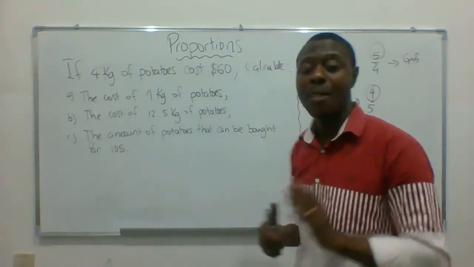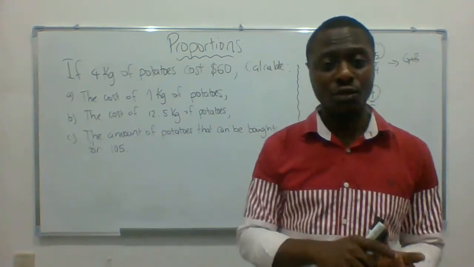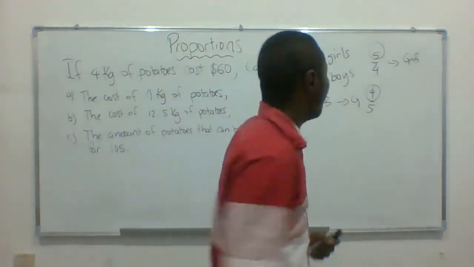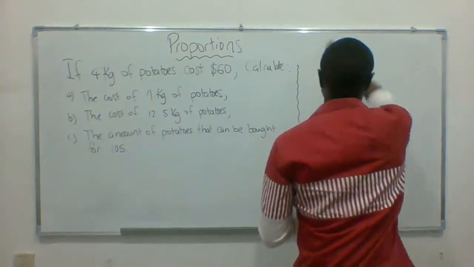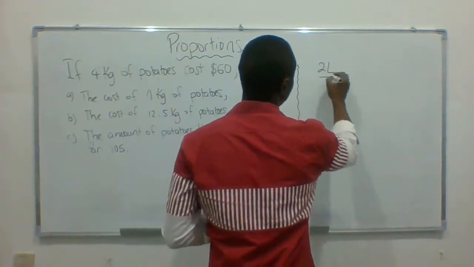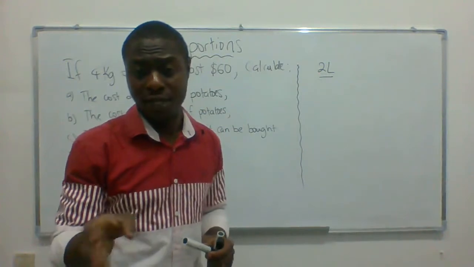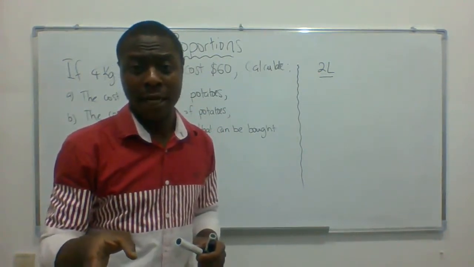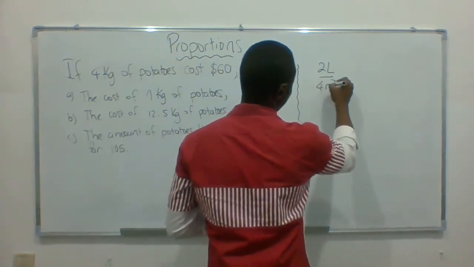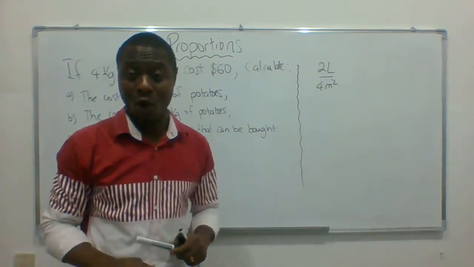It says proportions, but we're going to figure out what is a proportion. A proportion is when you have two ratios and you want to equal them. That's a proportion. I'll give you an example. Let's say I use 2 liters of water for 4 square meters of my flower bed.